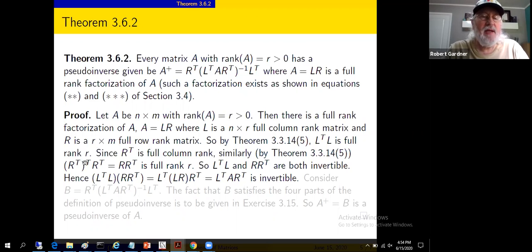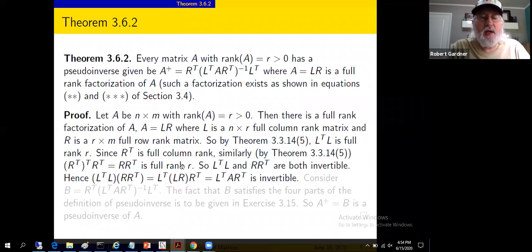We get R transpose transpose times R transpose, the same format that we've got here, except we're taking a matrix that's already transposed. That matrix, R times R transpose, in other words, is a full rank matrix of rank R, and it's a square matrix as well.